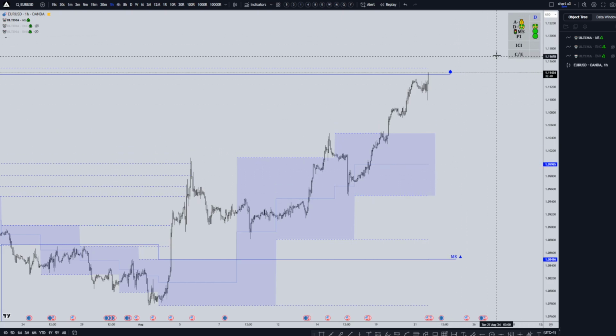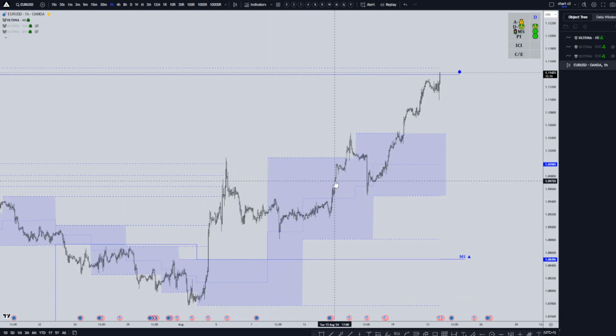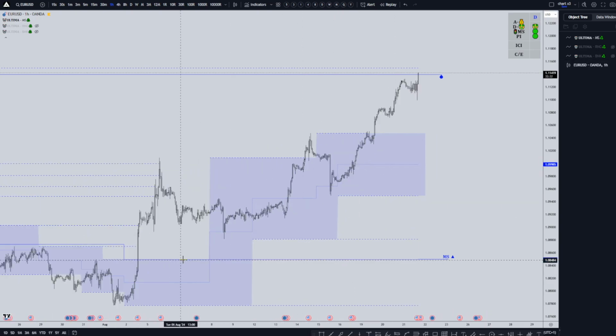If we have a pullback inside the market structure's cloud, that's accumulation, right? So it's basically a bullish break. We are in a bullish trend in the market structure, we pull back into accumulation, and we want to see if it pulls all the way to 50%, like a bullish ACI condition: impulse, correction, impulse.